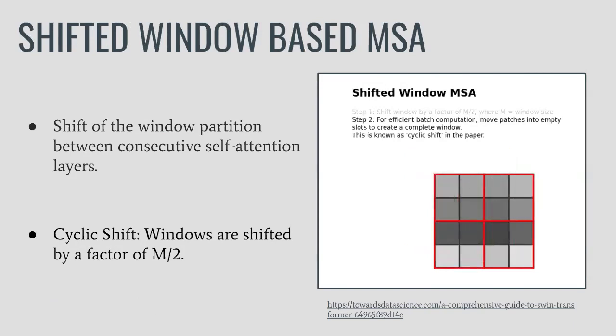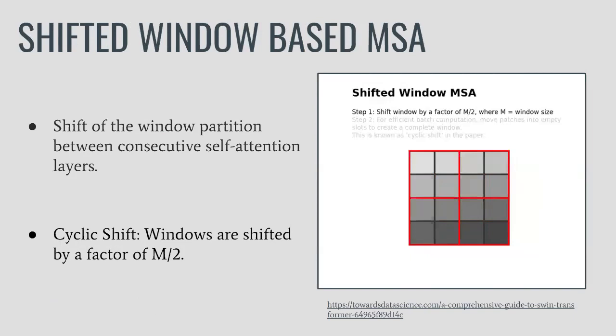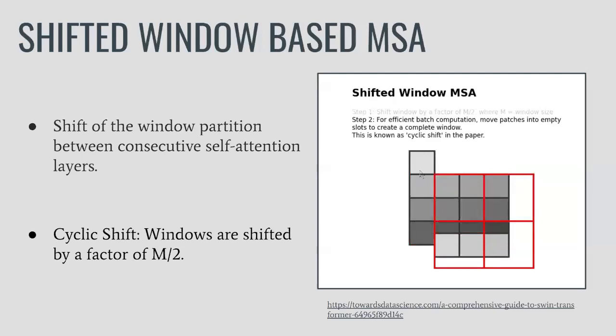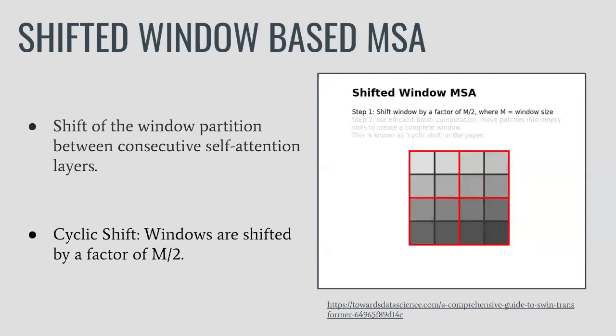So if you notice over here, the window is shifted by m by 2, where m is nothing but the window size. However, when this shift is performed, there are many tokens that can now be referred to as orphan tokens, and they do not belong to any window.